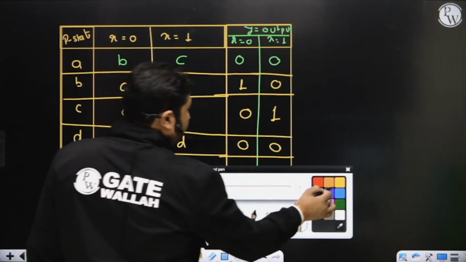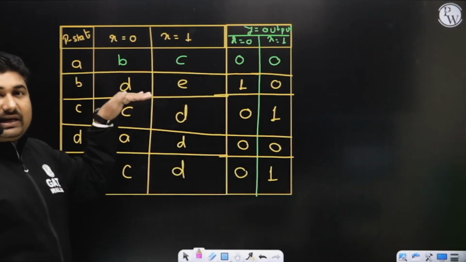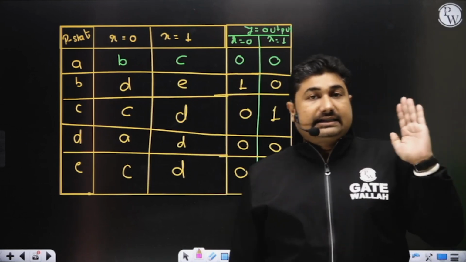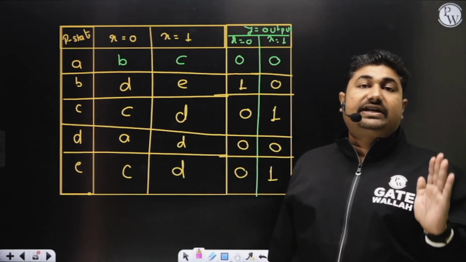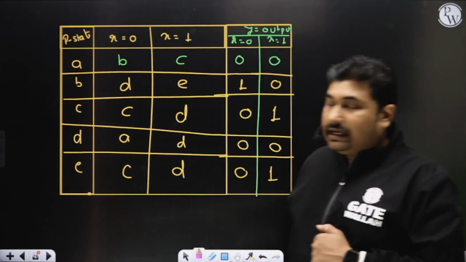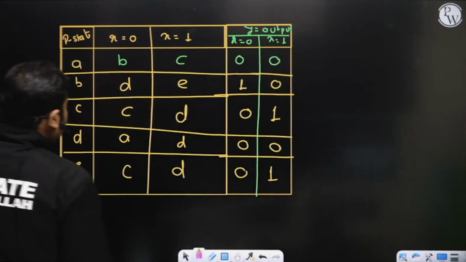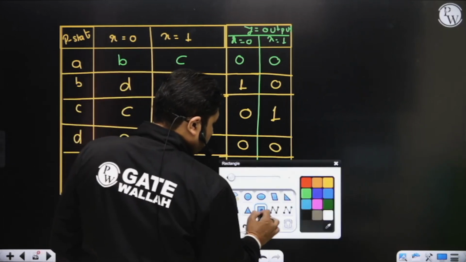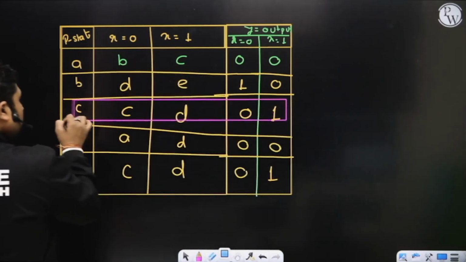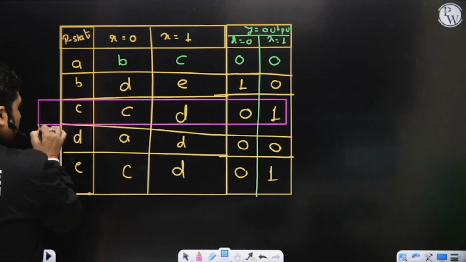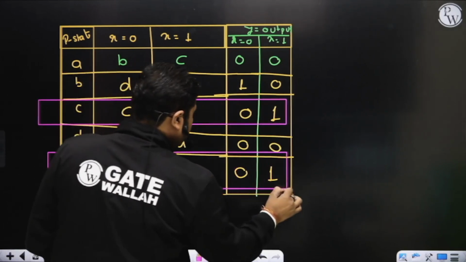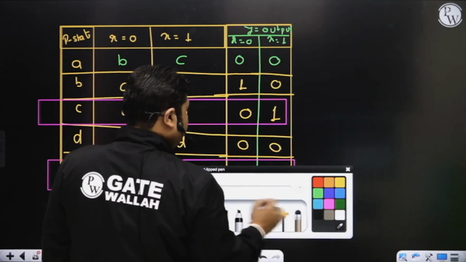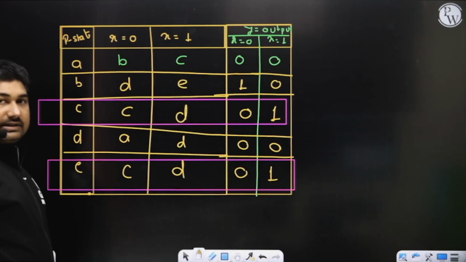Now please observe. Are there any two different conditions which are giving the same output and same next state for every possible input? If you observe this row and this row, the two rows have the same next state and same output for all same inputs.